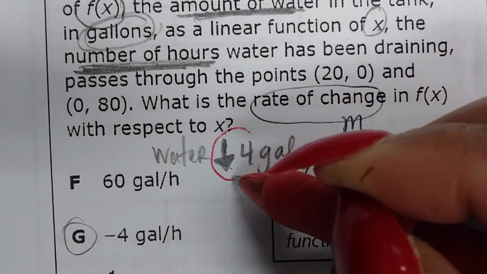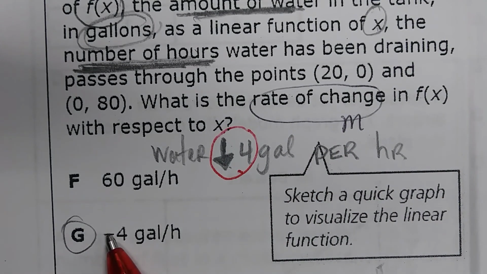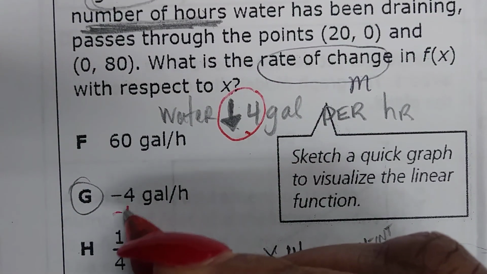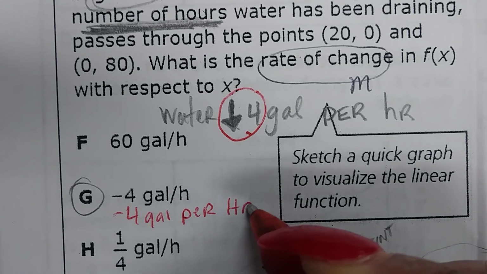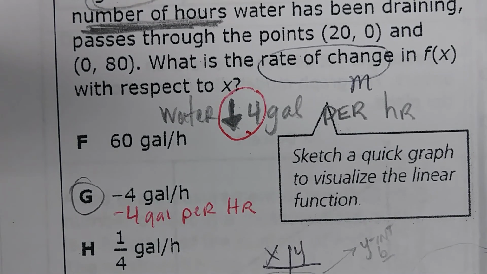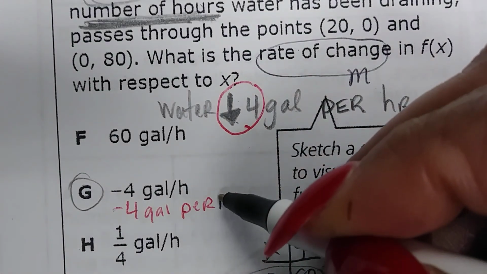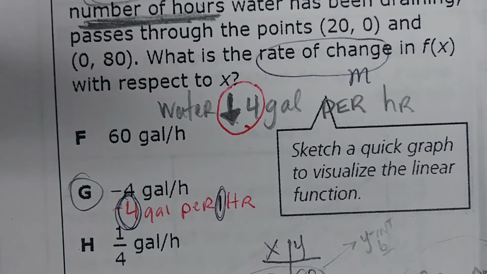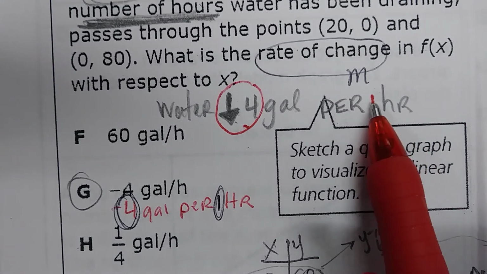The decrease represents the negative. Look, -4 gallons per hour. That's the same thing as -4 over 1. -4 over 1. You just never see the 1.